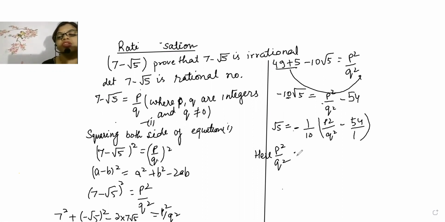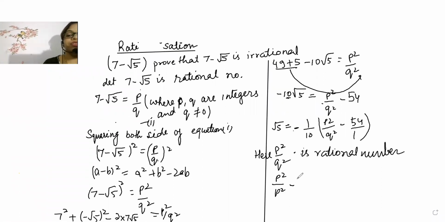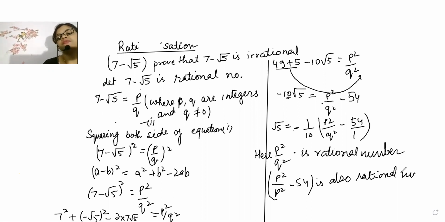Here p square by q square is a rational number. Now if we subtract 54 from that also, it will be rational. This is also rational, so after subtracting it will still come out rational.